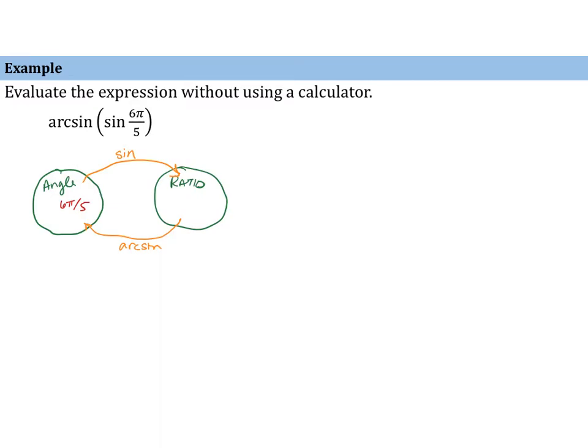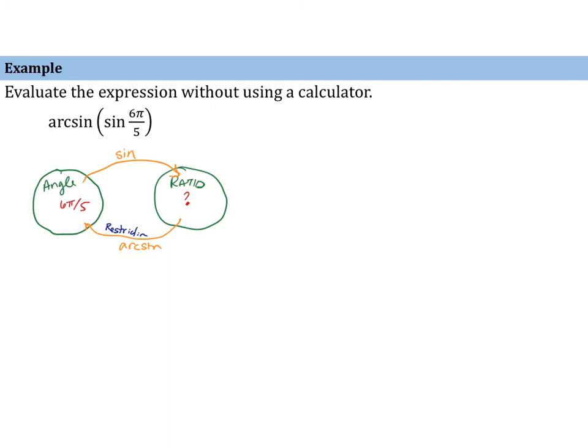I don't know the ratio that yields. So I do know, however, that whenever I go back, there is a restriction on that angle. So what is the angle that I go back to?